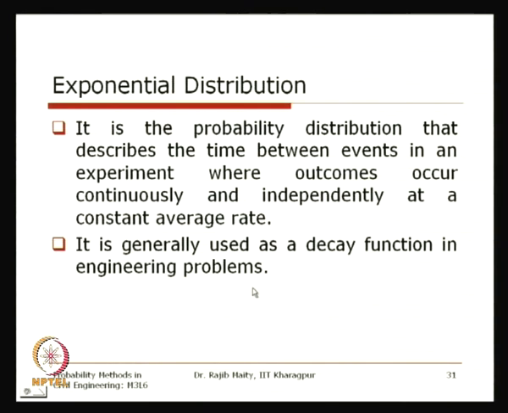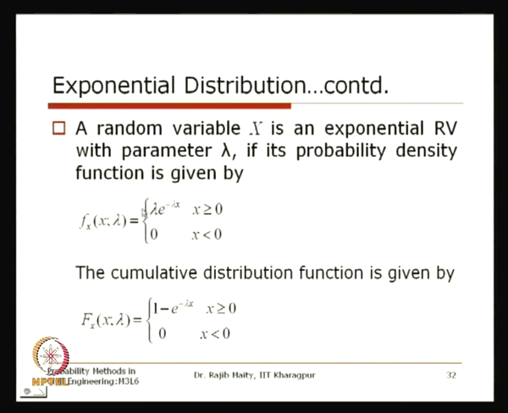This distribution is mathematically very convenient, and in the previous lectures also we have taken it as an example to show different properties of a continuous random variable. Its probability density function is lambda e power minus lambda x, for x greater than or equal to 0, and 0 elsewhere. It is a single parameter distribution, and the parameter is lambda.